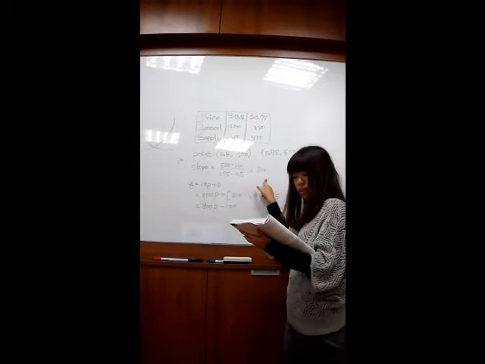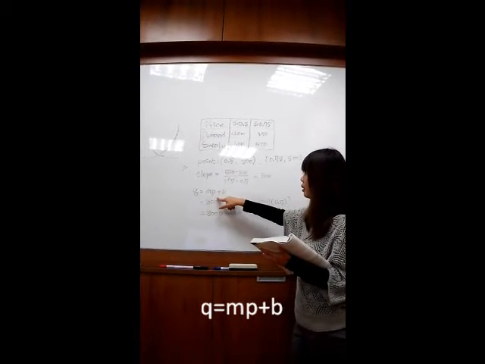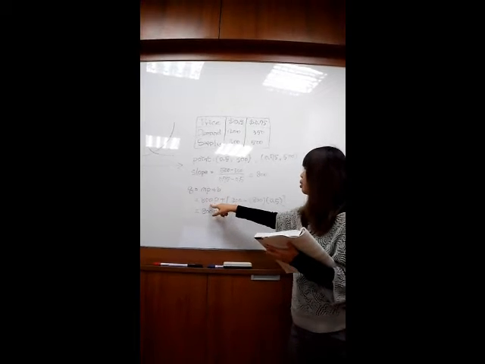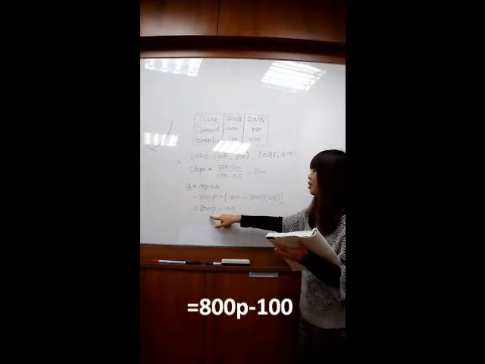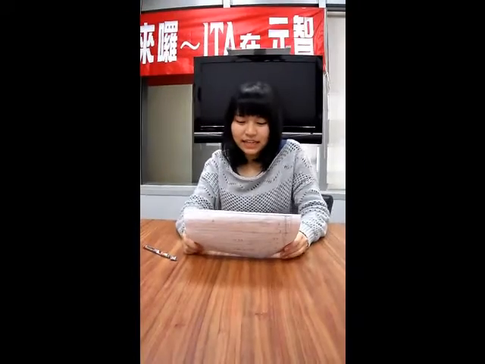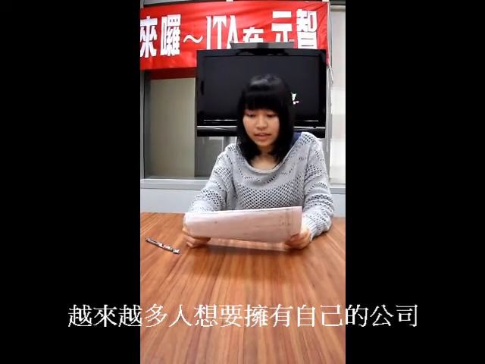And so the supply equation is Q equals M times P plus B, which equals 800P minus 100.